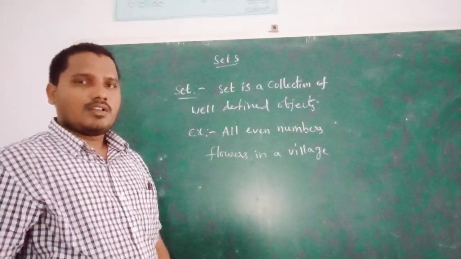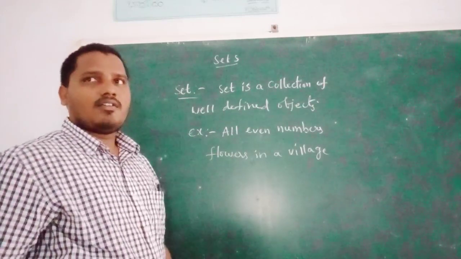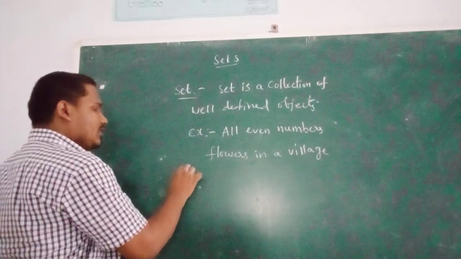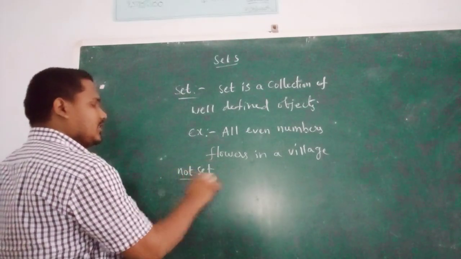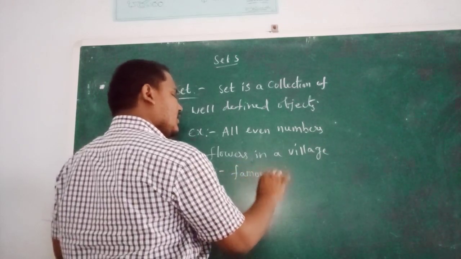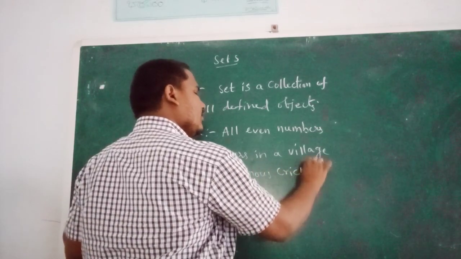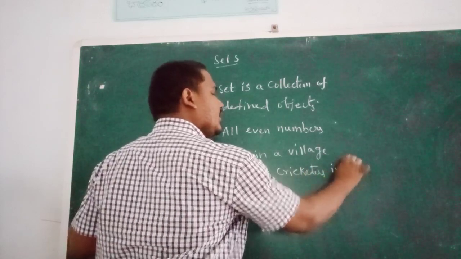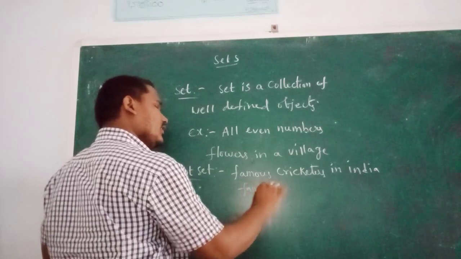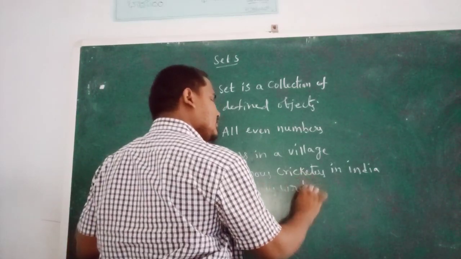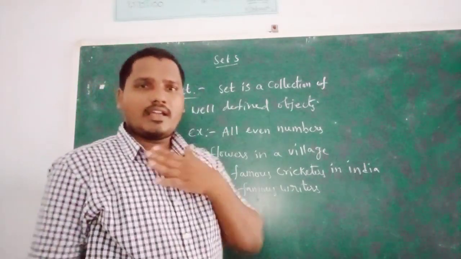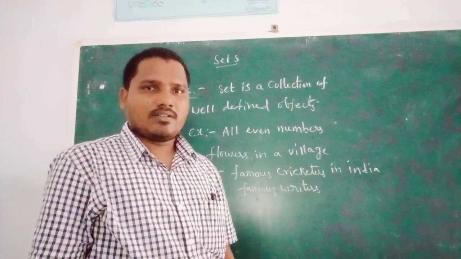Sometimes they ask whether it is a set or not. An example of not a set is famous cricketers in India, or famous writers. This is a choice question. I like one writer, you like another writer.